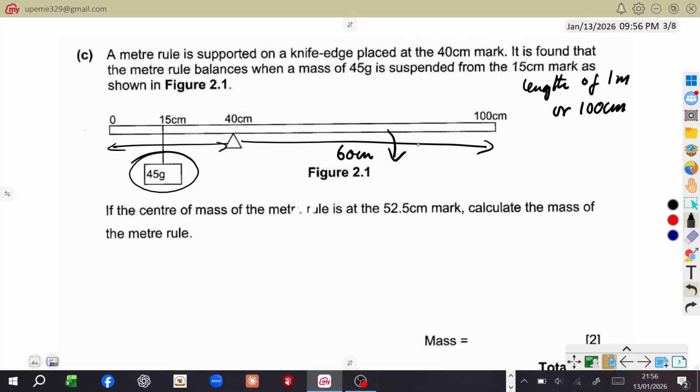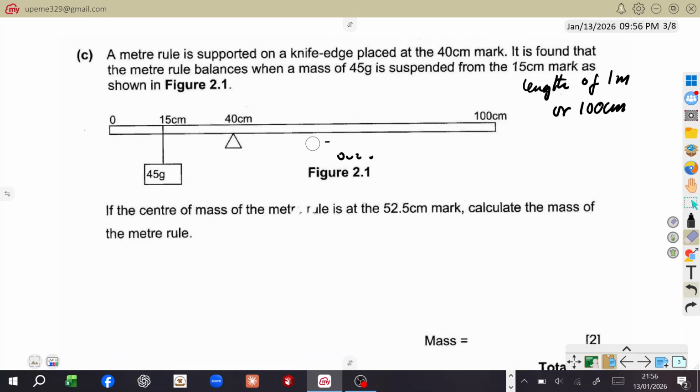Now to make it balance as the situation is now, there was this mass which was placed here, meaning that it was able to balance because of this mass which was placed here, the 45 gram.